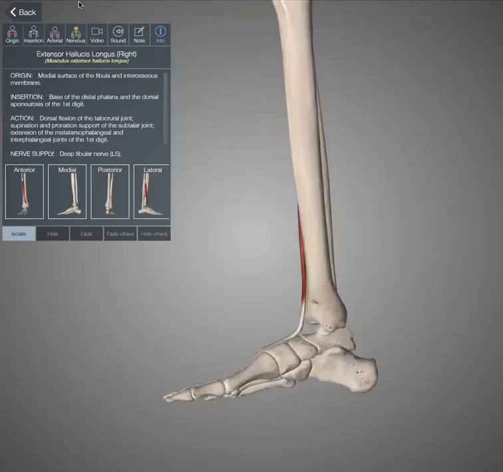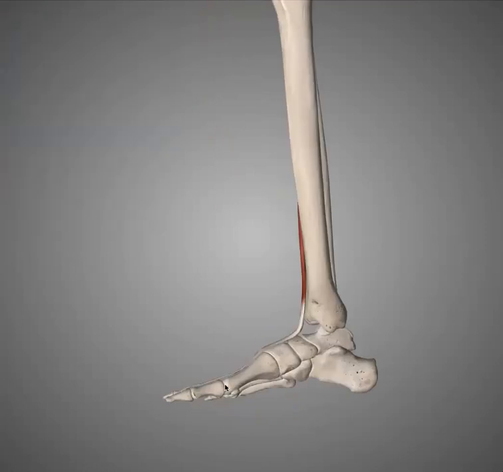Again, let me draw this movement. This is where the toe starts. Imagine this is the end position. The function of this muscle is to move the big toe this way. Hence, extension. It extends the big toe. Okay?